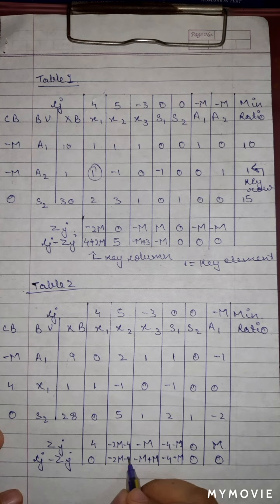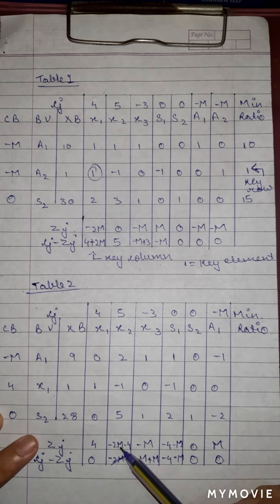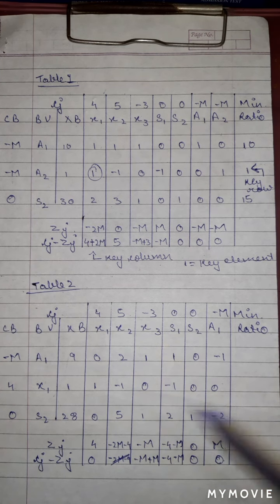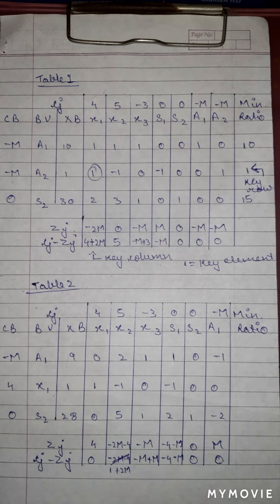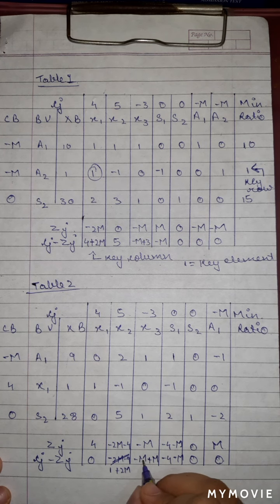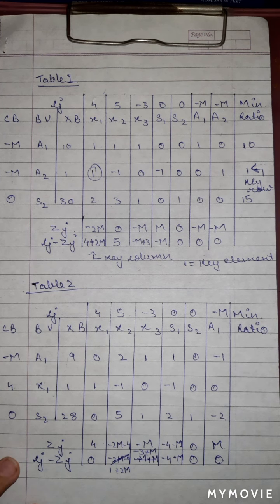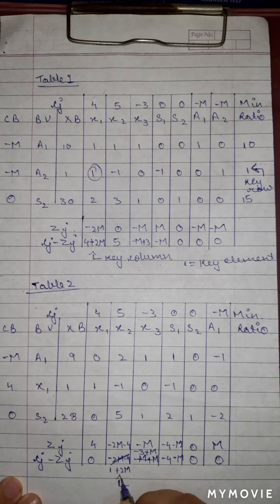Sorry, over here we have to do Cj minus Zj, so it will be 1 plus 2M, and this is -3 plus M. So the biggest value over here is this, so this is our key column.